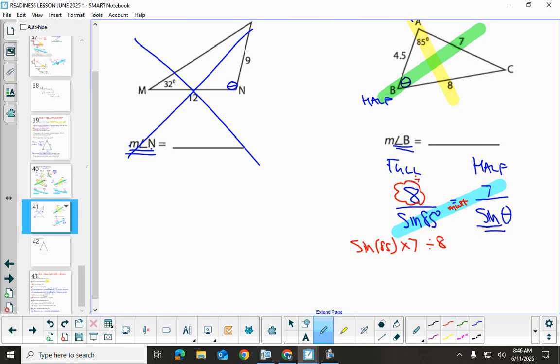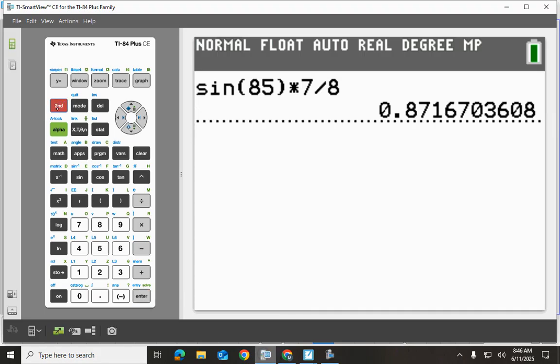So once you do this step right here, then you have to go second sine, ANS. So hit second, hit sine. Your answer key is right above the negative, so go second negative.